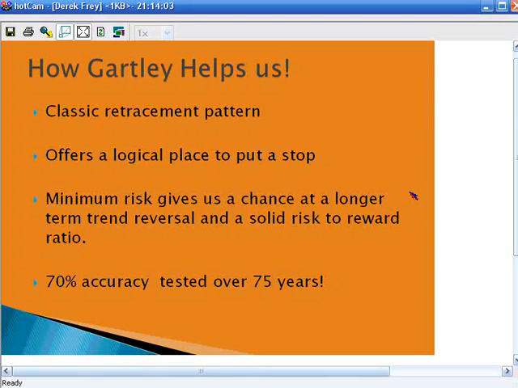So if we know all these things, then obviously we need some sort of classic retracement pattern to give us a reason, a way of determining what a good entry point would be in an otherwise unhealthy looking situation, right? If you're trying to buy low, that's what you have to do. I know people are sitting back saying, well, why don't I just wait until it bottoms and then buy it as it starts to go up?